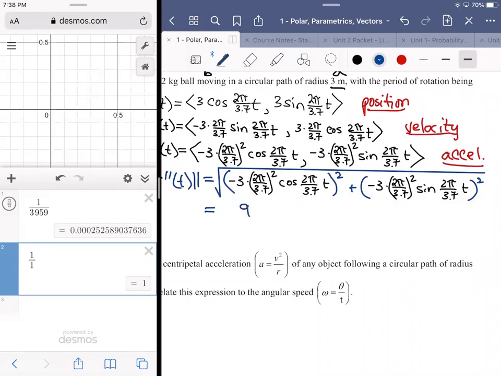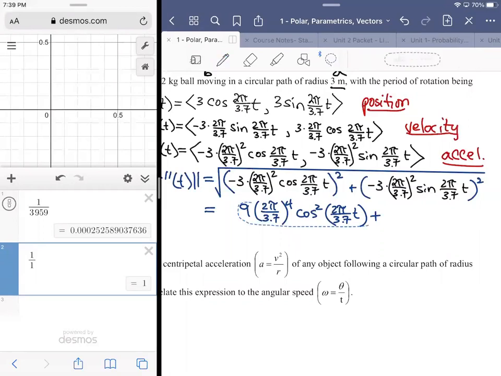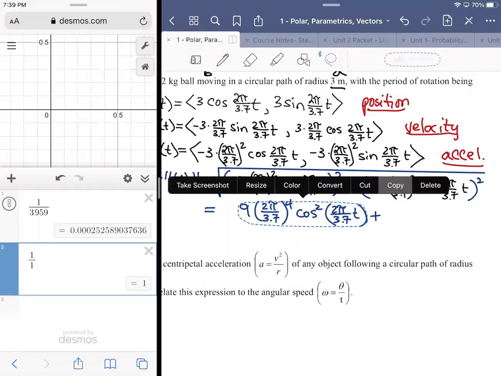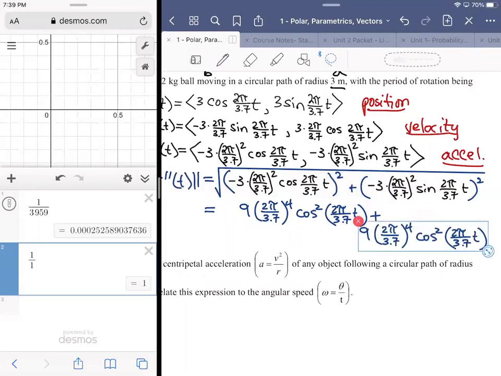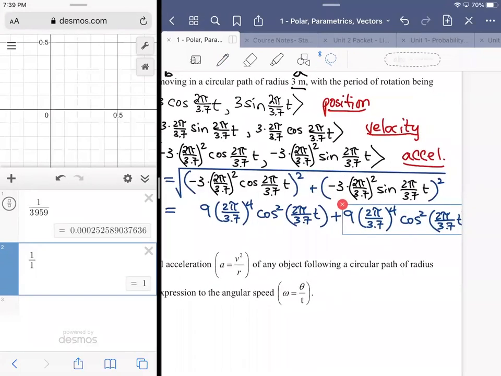So it'd be 9, you got the 2 pi over 3.7 now to the 4th power, and then cosine squared of 2 pi over 3.7 t, plus all the same stuff again, just with a sine instead of a cosine. Kind of took off on me.